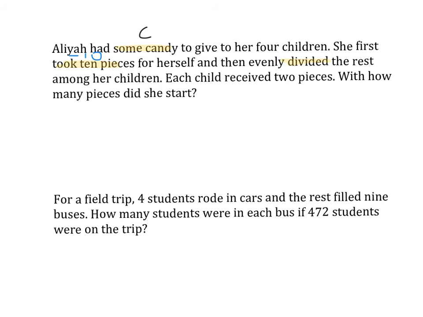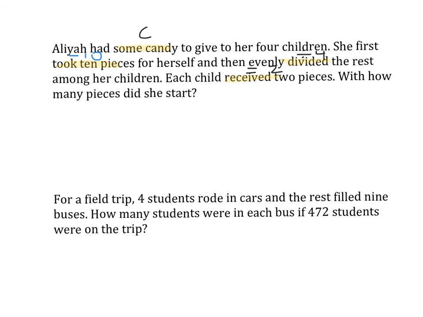She divided, and then we can write in our little division symbol. The rest among her children, which we know were 4, so we're going to say divided by 4. And then it says each child received 2 pieces. So after we do all of this, received, that's like our equals sign. So it equals 2.